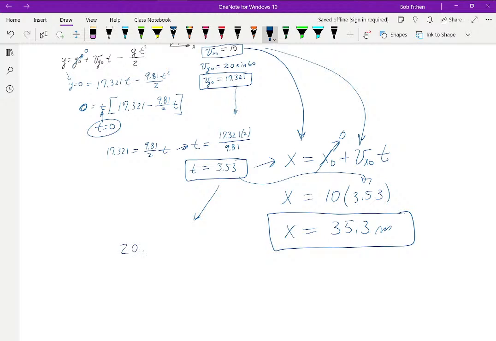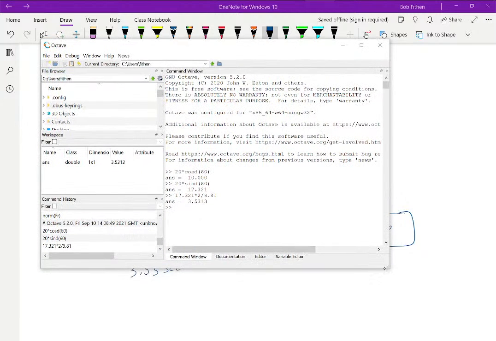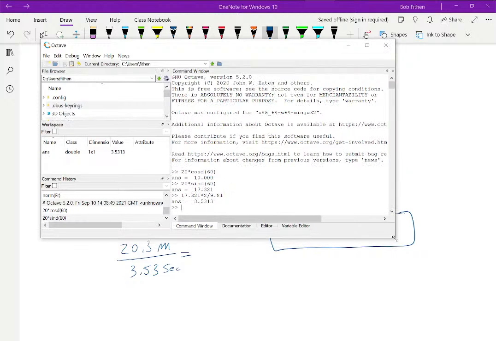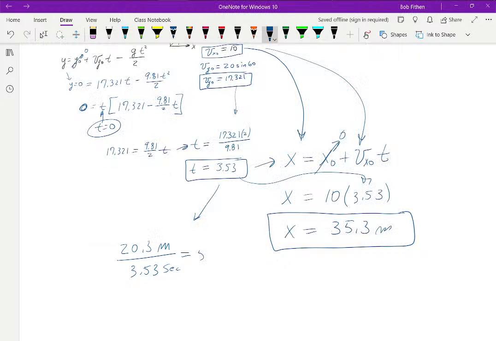He ran 20.3 meters at constant speed in 3.53 seconds, which gives me the speed of the person trying to catch the ball, not just because the other guy's a football player too. 20.3 divided by 3.53 gives me 5.75 meters per second. So the velocity of B would be 5.75 meters per second.